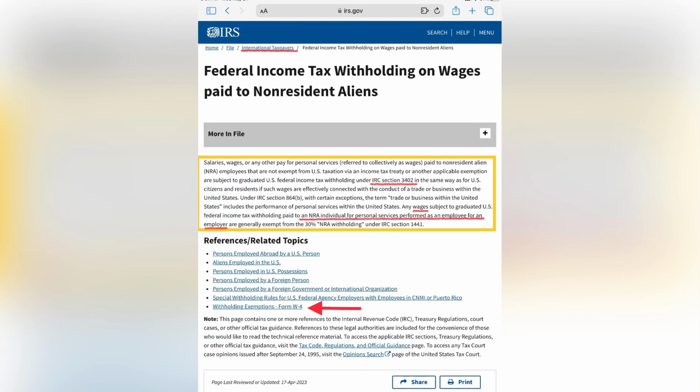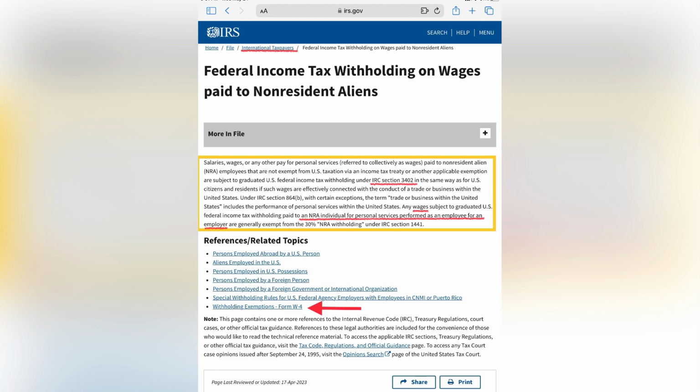And you can see there in the yellow box that it reads, salaries, wages, and other pay for personal services, referred to collectively as wages, paid to non-resident alien employees that are not exempt from U.S. taxation via an income tax treaty or another applicable exemption, are subject to graduated U.S. federal income tax withholding under Internal Revenue Code section 3402.